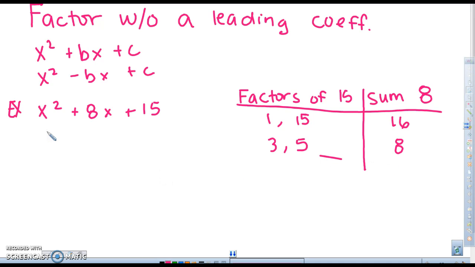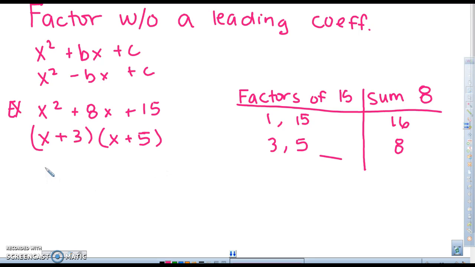So then I'm going to come over here and I'm going to essentially just say x plus 3, x plus 5. I'm going to put my factors in parentheses and go. That is the shortest way to get by with it.